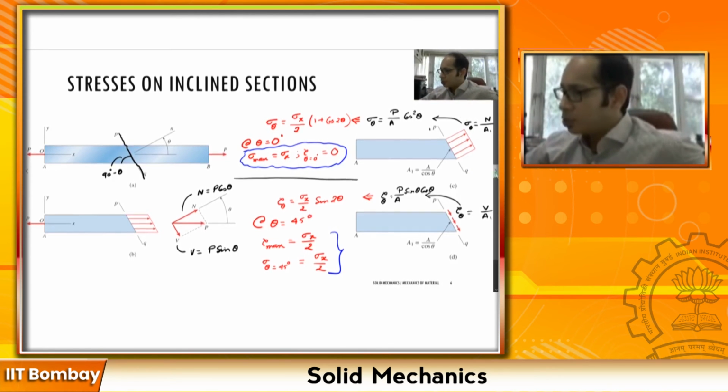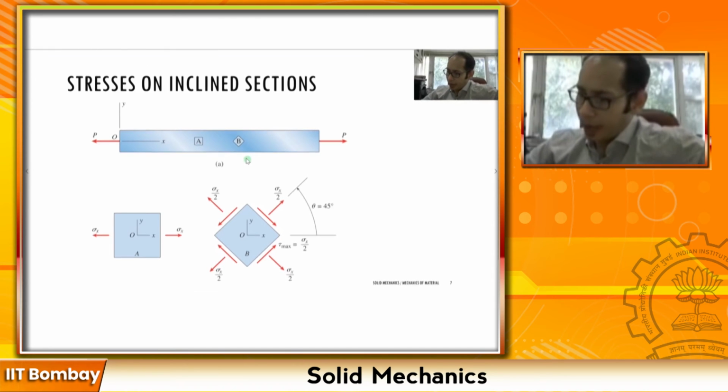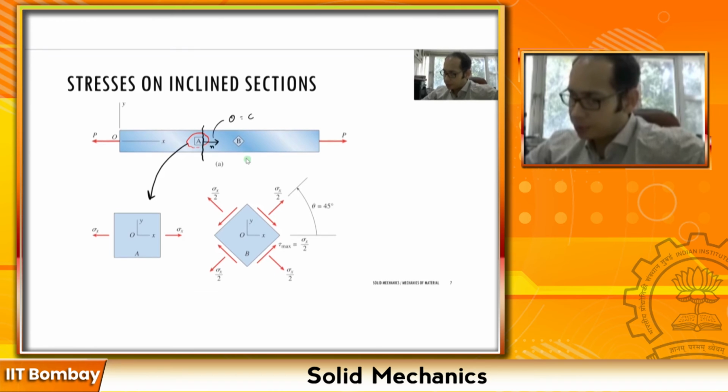So just to reiterate, if I take this bar, or maybe this sponge, of a particular material, let's take a look here. You have two elements, A and B. Element A, you see, has been taken such that the outward normal of this face makes an angle of theta equals 0 with the horizontal.